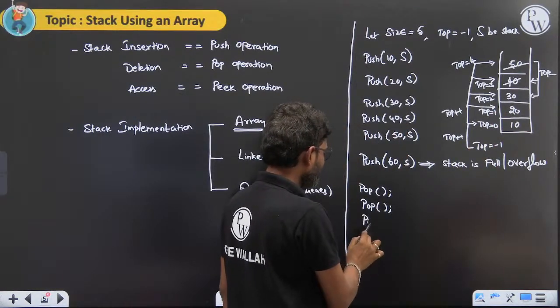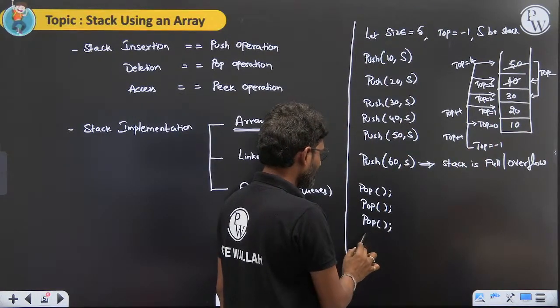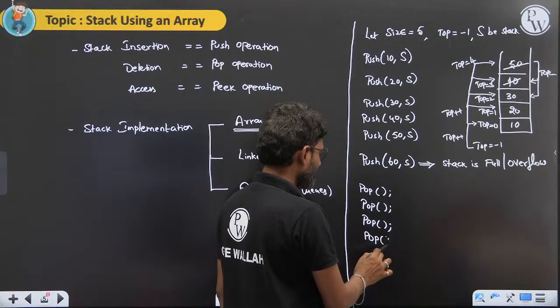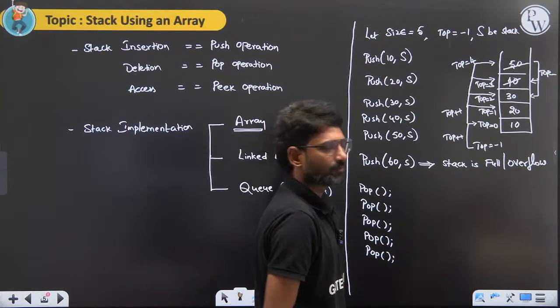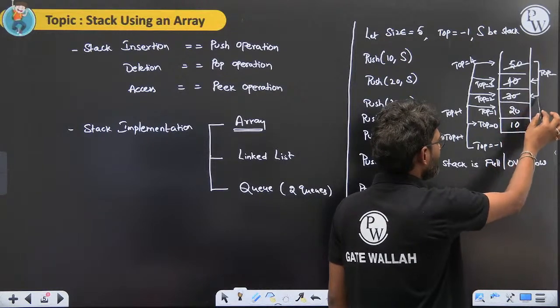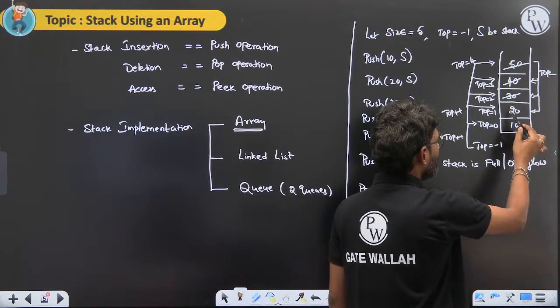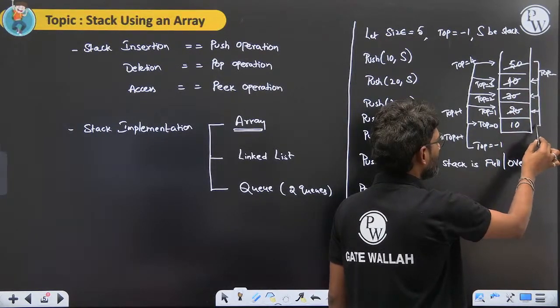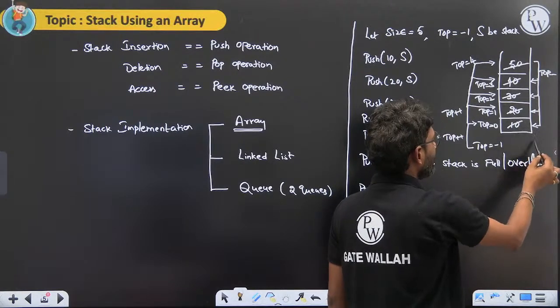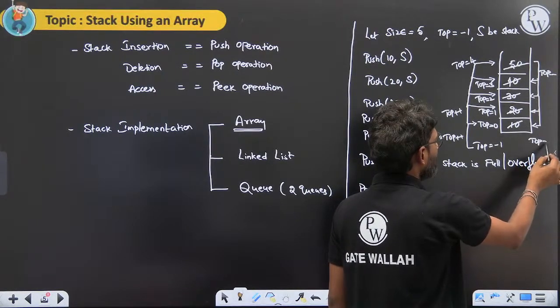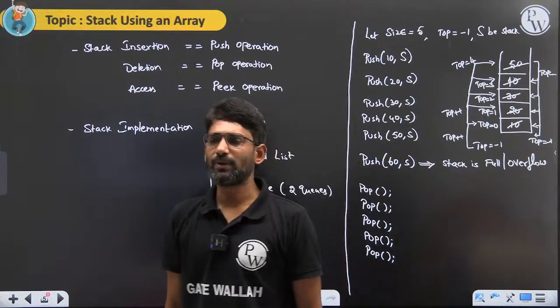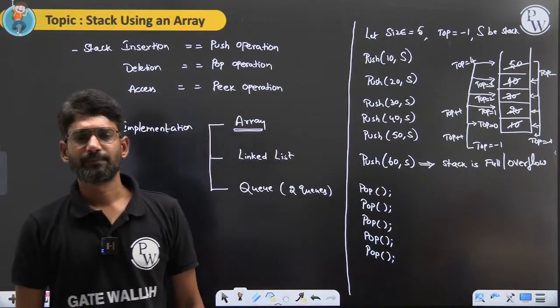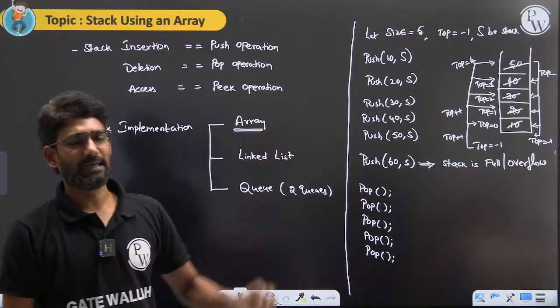Again I pop 3 times, so this gets deleted, top will be 1, 20 gets deleted, top will be 0, 10 gets deleted, top will be -1. Now will I be able to delete any more? I have deleted 5 elements.